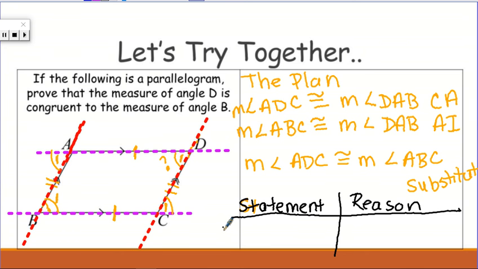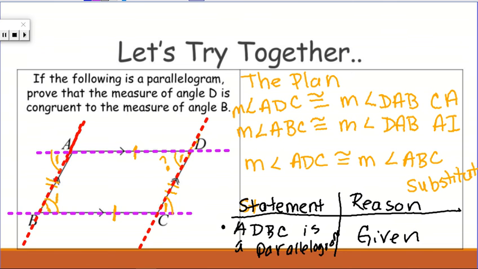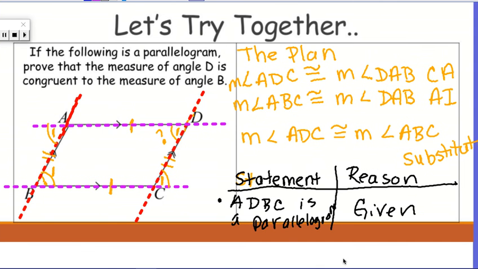So what you can do first is write that ABCD is a parallelogram. And the reason for us saying that is because that's given to us. And then we're going to run with our plan from there. That's all we were given.